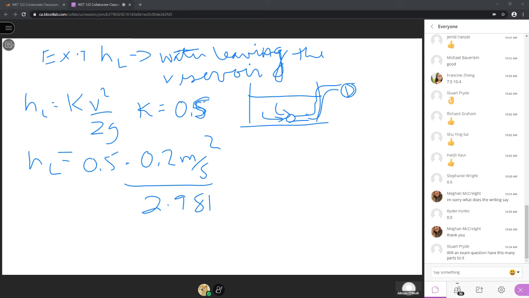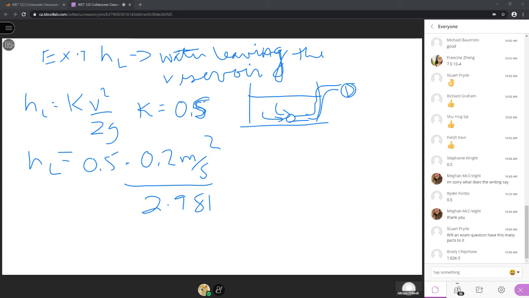Stuart, yes, the exam will have this many parts to it. You are going to have to calculate the minor losses for all of the minor loss components. You're going to have to calculate the major losses for each pipe that you have. And if that's part of a larger question like this, where I'm asking what head added requirements are for your pump, you're going to have to put it in the energy equation.